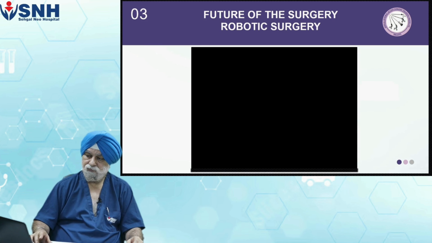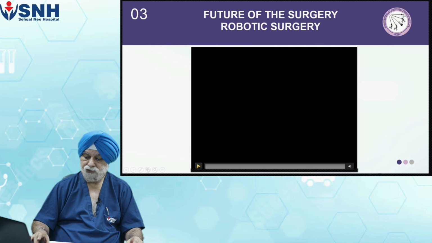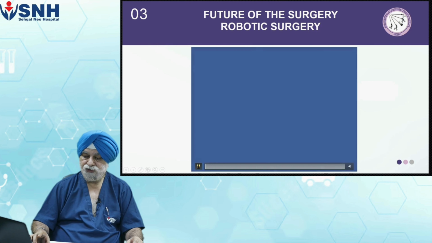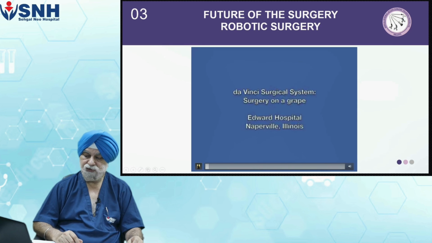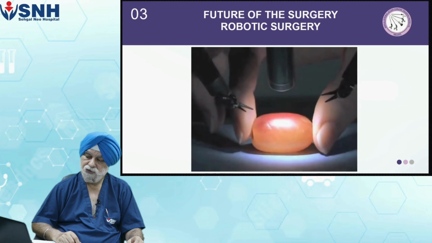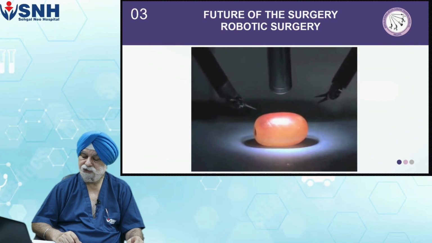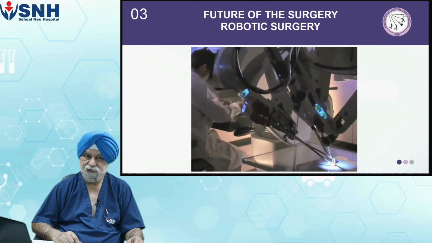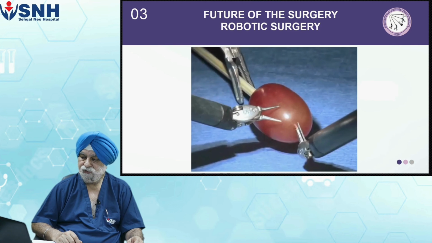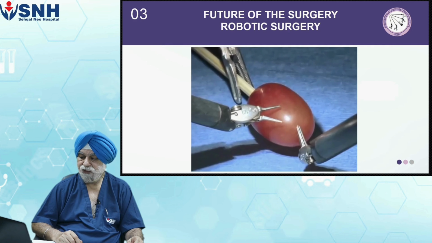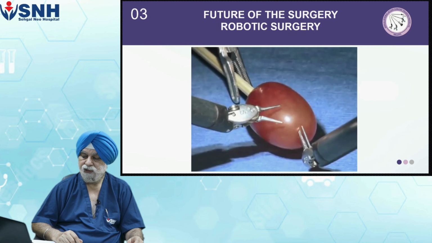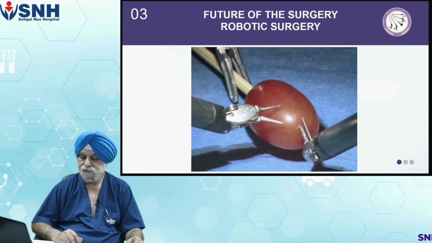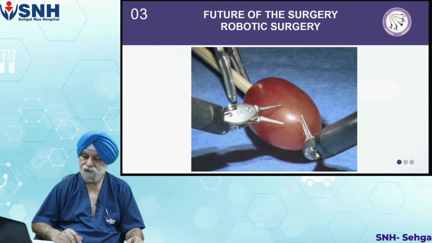So next I am going to show you another video about the precision of robotic surgery. In this video you can see that the surgeon has taken one grape and will be removing the skin of the grape using one scissor and a Maryland. You can see the precision.